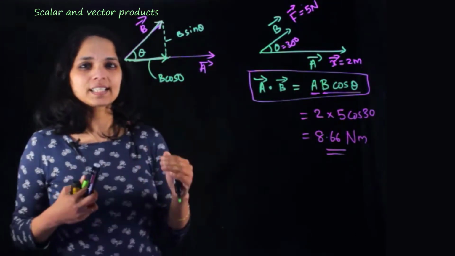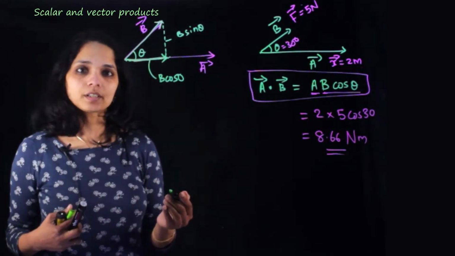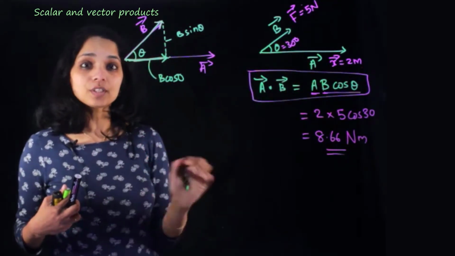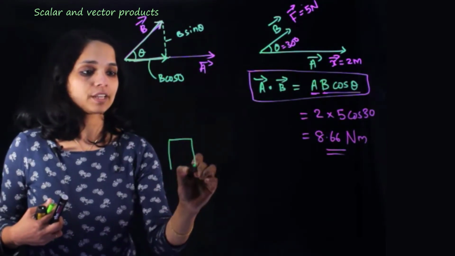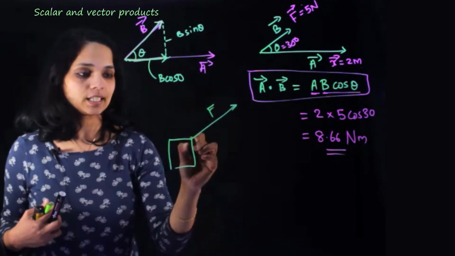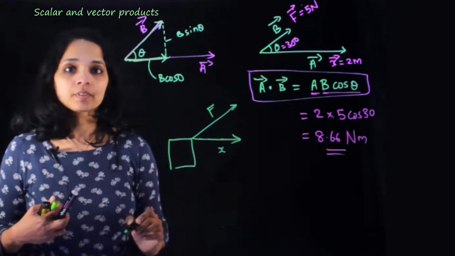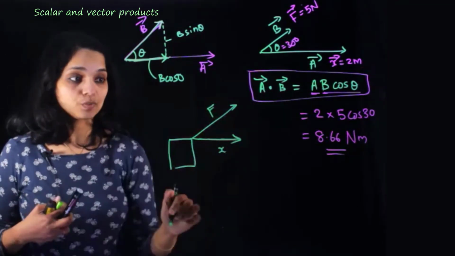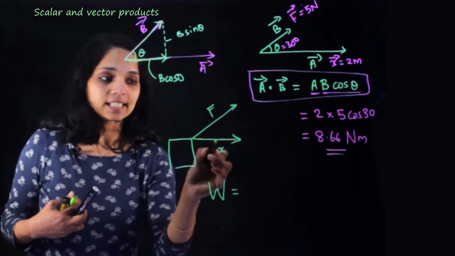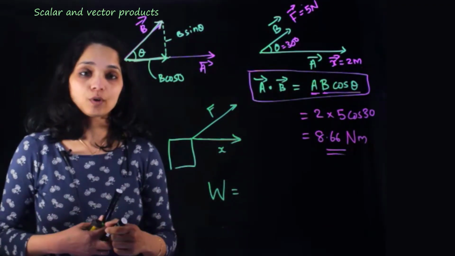So what is the physical significance, or what is the use of this dot product? Where can we use this dot product? For example, in this case, X is 2 meters and F is 5 Newton. That can be viewed as a suitcase being dragged along the floor by applying a force in that direction, and the suitcase is moving in this direction by X. To find the work done by this force, what we usually do is, work done is force in the direction of the displacement. That's the force that we count when we calculate the work done.